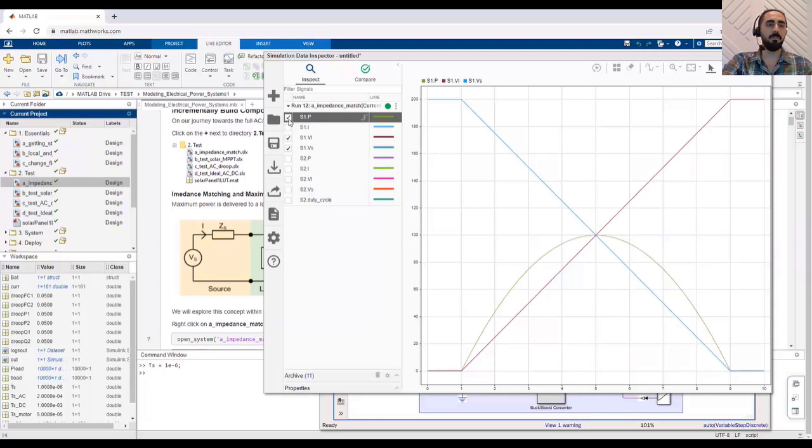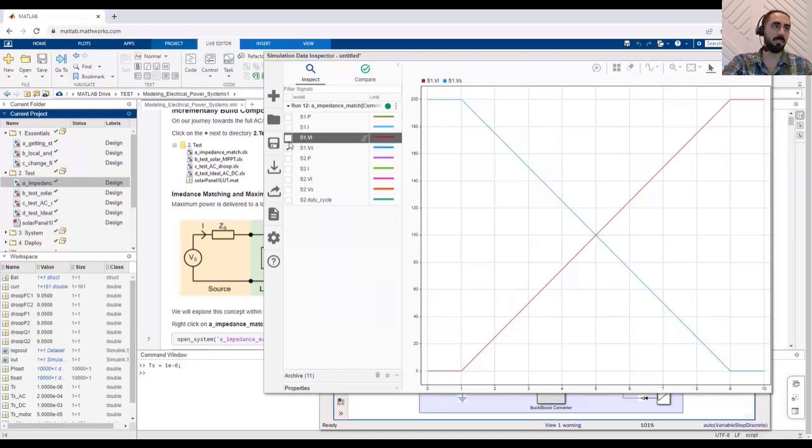And we can watch the power. The power increases up to the maximum power point and then decreases. Here the maximum power is around 100 watts, which occurs at 100 volts for both voltages of the load and source. So we have an impedance match in here.